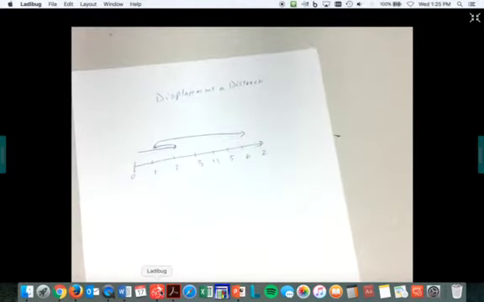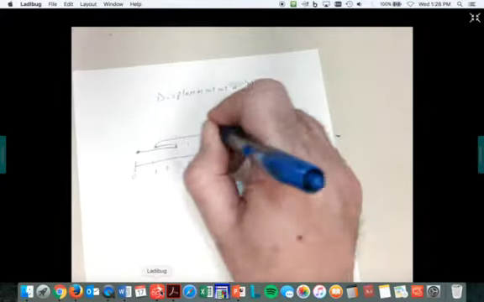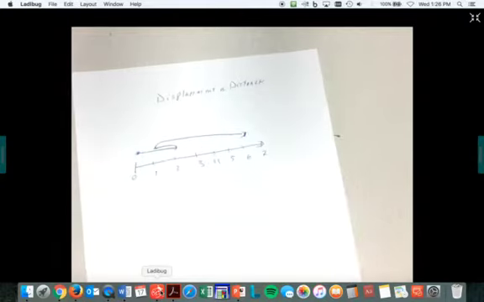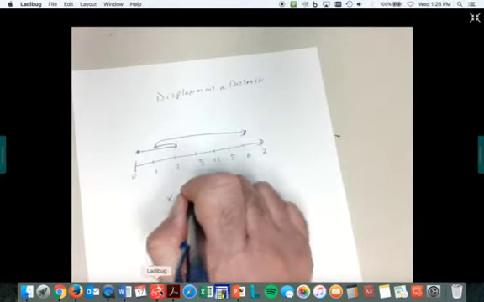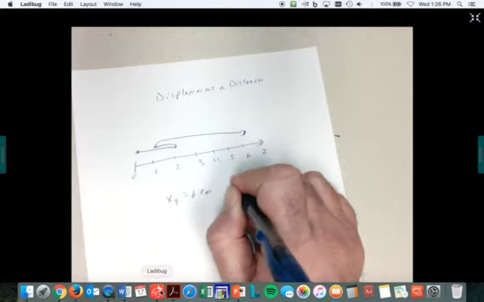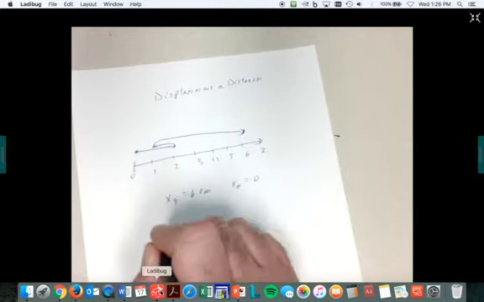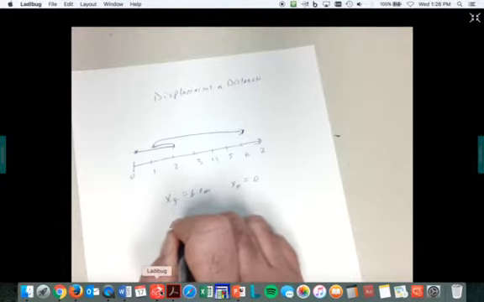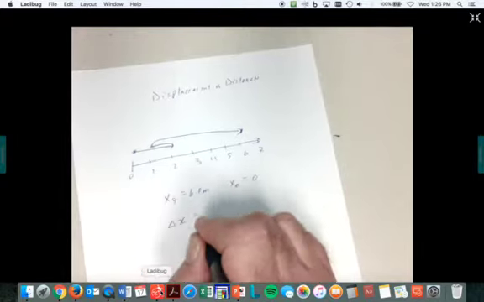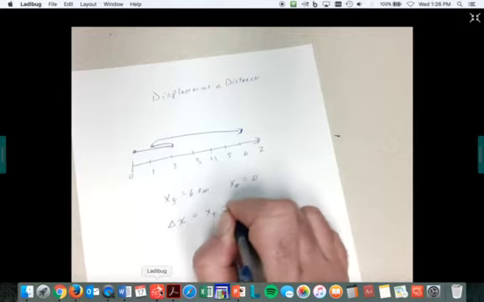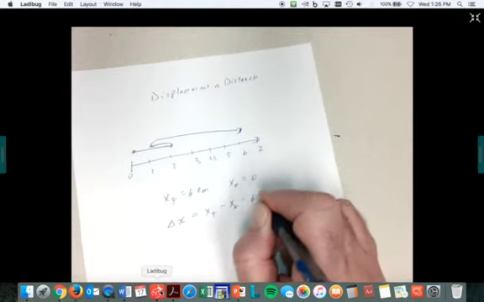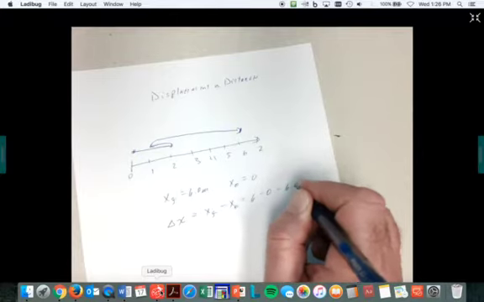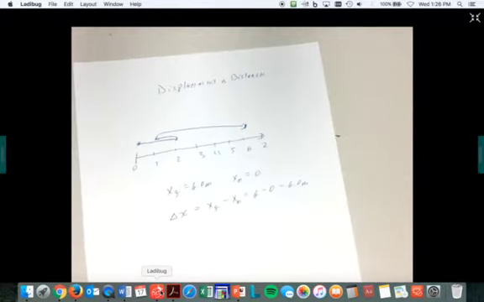My displacement is where I started, subtracted from where I finished. That's displacement. So x final is equal to 6.0 meters. X initial is equal to 0. So my displacement, my change in x, is equal to x final minus x 0, which is 6 minus 0, which is 6.0 meters. Not too hard.